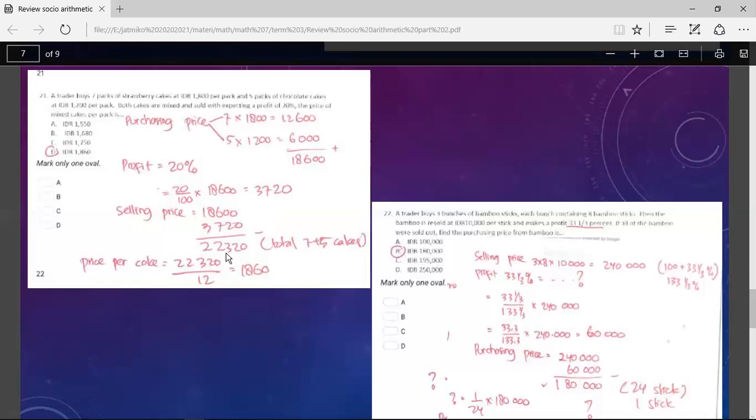But then, be careful, that is the price for 12 cakes, 7 strawberry and 5 chocolate. After they are mixed and they sell it again, the price per cake is 22,320 divided by 12 cakes, which is equal to 1,860.